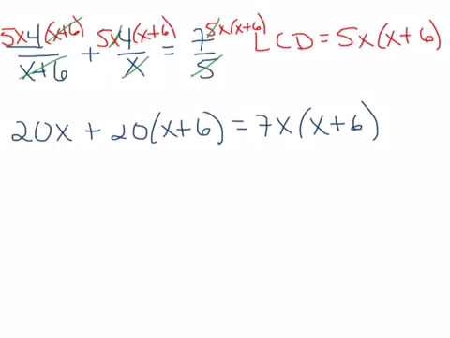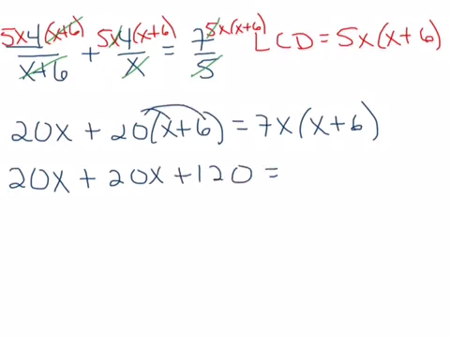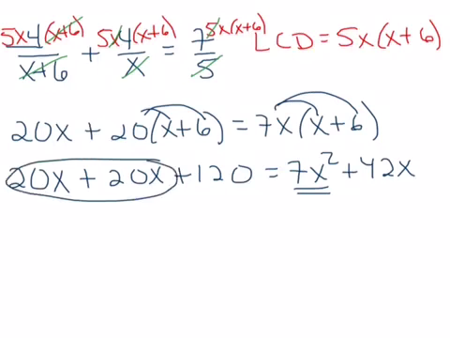All right, let's distribute. 20x plus 20x plus 120 on the left-hand side, and 7x squared plus 42x on the right-hand side. Seeing the x squared term indicates that we need to be factoring and getting 0 on one side. The 20x and the 20x turn into 40x.